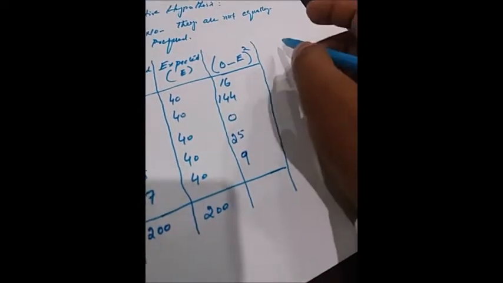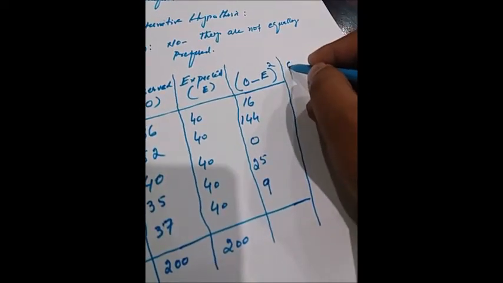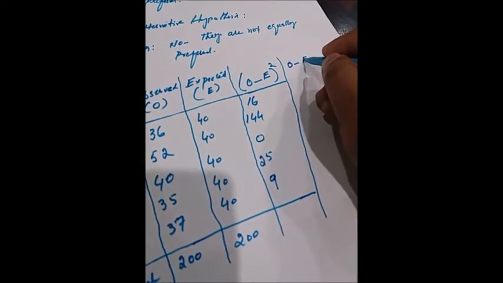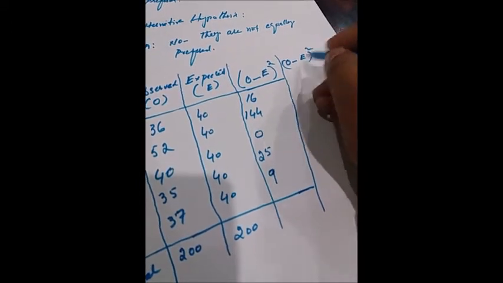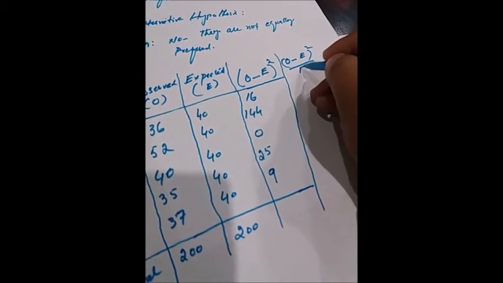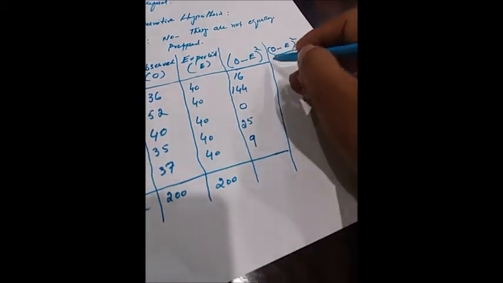So now, as per the formula, we take the observed value minus expected value whole square divided by expected values.